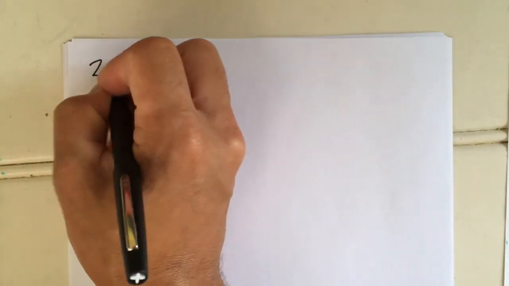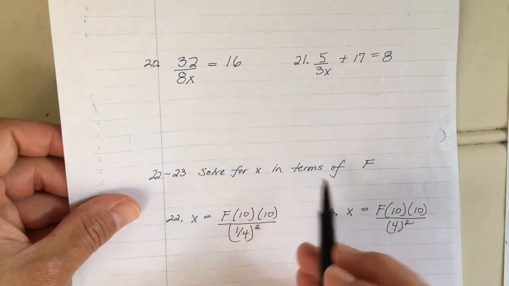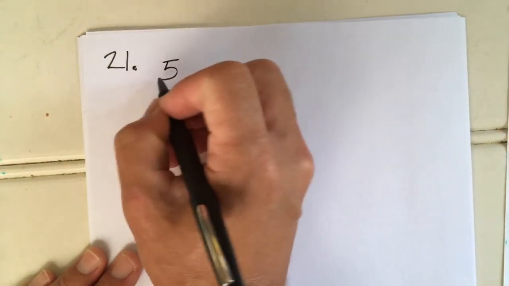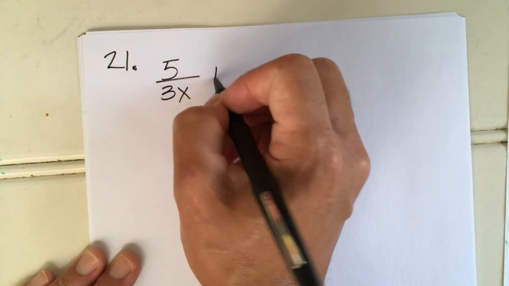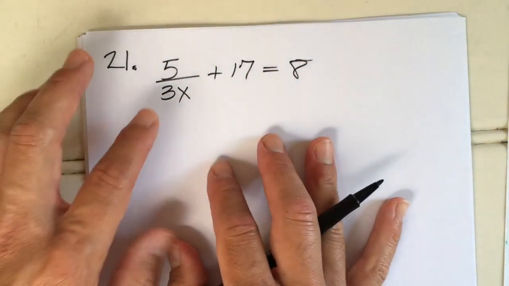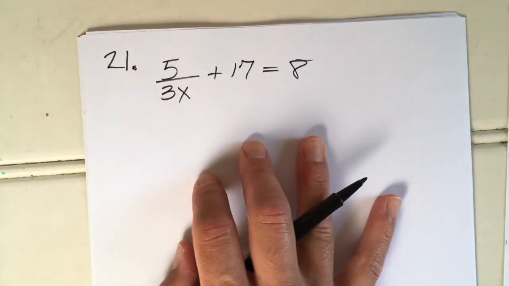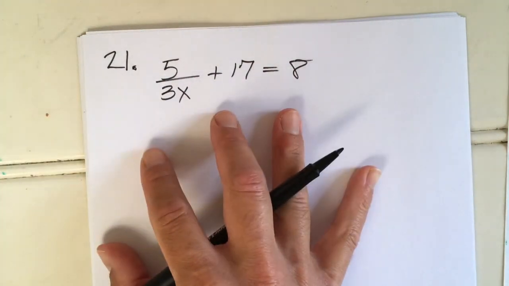Okay, burning through some paper, not using the backs of these pages, and hopefully I didn't want the marker to come through. All right, 21 says, it's right here on the back, 5 over 3x plus 17 equals 8. Let me rewrite that. 5 over 3x plus 17 is equal to 8. All right, so once again, we get this fraction hanging out on the bottom, but you might say, okay, well, let's get that fraction off the bottom.